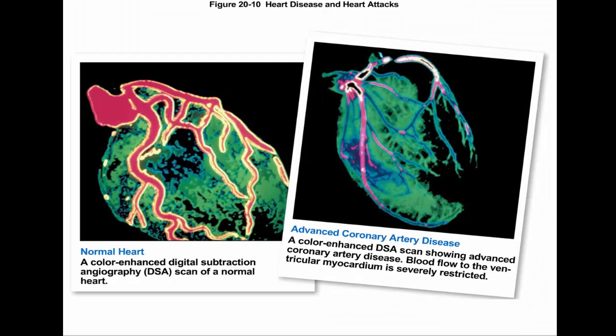And then further on the right, you can see that this person has advanced coronary artery disease. You can see that there's very little blood getting through these coronary arteries, and this would be where the person may go on to have a stent put in place, or they may go on and have coronary artery vein graft surgery.